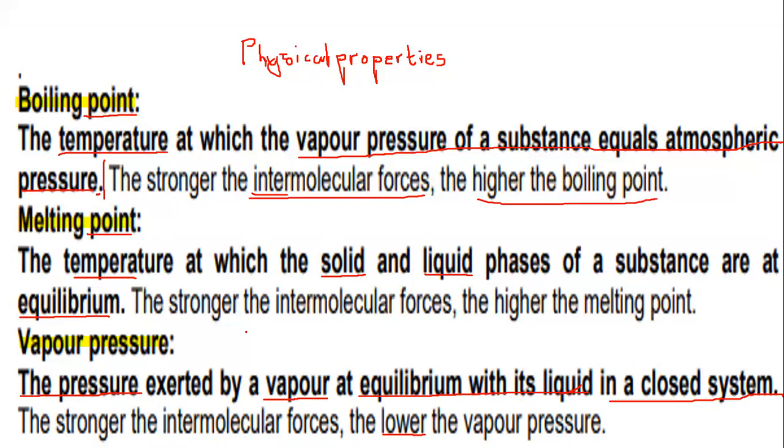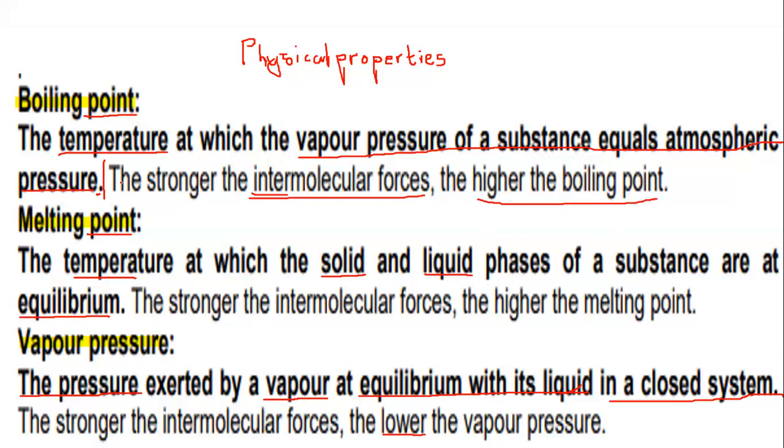What is common about this relationship is that it happens when the intermolecular forces are stronger. So the stronger the intermolecular forces, the higher the boiling point is going to be, but the lower the vapor pressure is going to be. And the relationship is also going to be vice versa. If the intermolecular forces are weaker, then the boiling point is going to be low, but the vapor pressure is going to be higher.